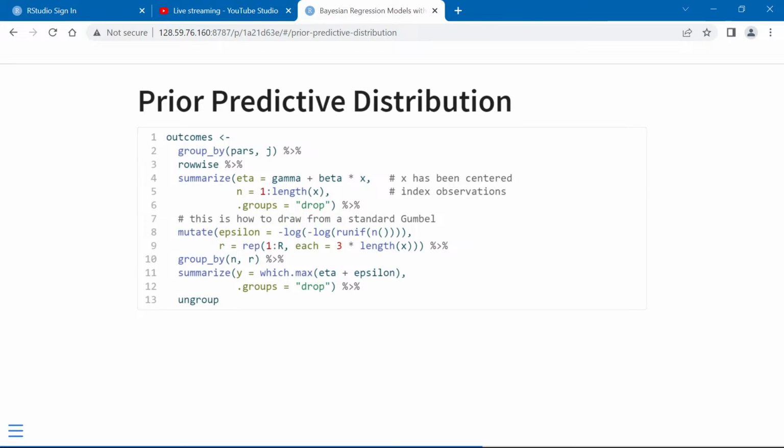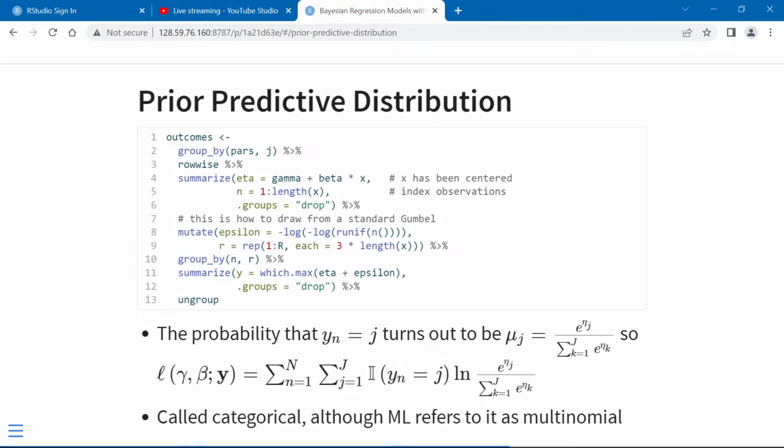And thus the output of this would be a data frame with n by 3 by capital R rows, and the outcome y would be 1, 2, or 3, which again we should think of as labels rather than integers. They're merely indexes for the 3 brands of orange juice being considered.